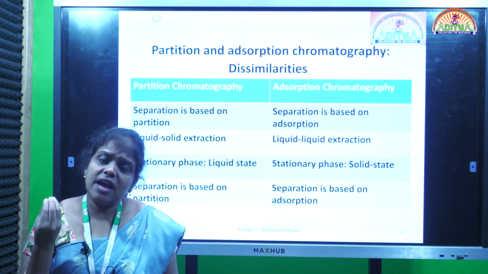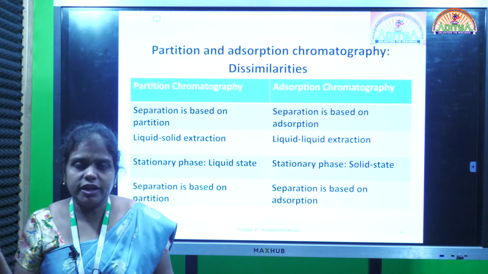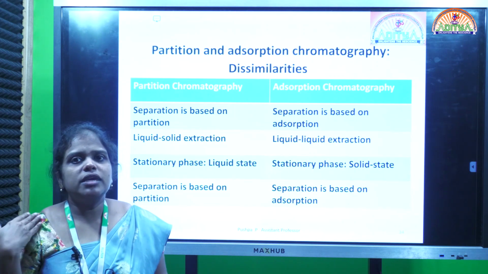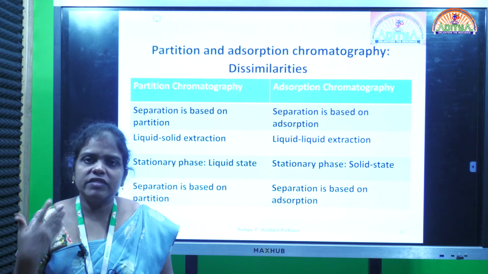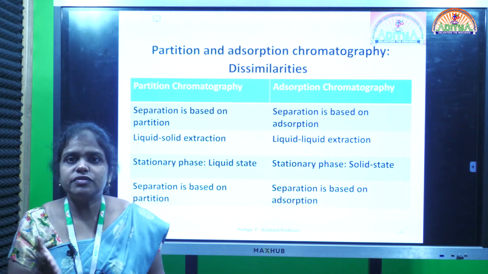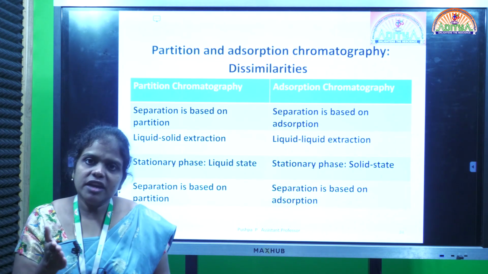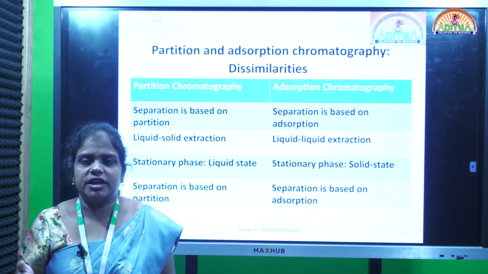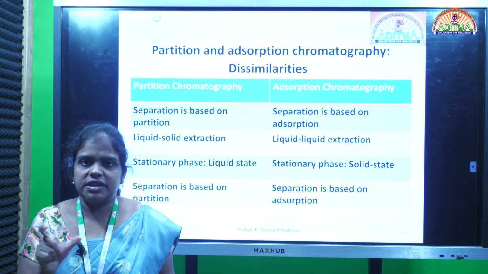If the sample has more affinity or solubility with the water, then it will solubilize more in the water and move on with the water. That means based on the solubility of the component we are separating, it may be partitioned into the oil or into the water. That is called the partition coefficient.